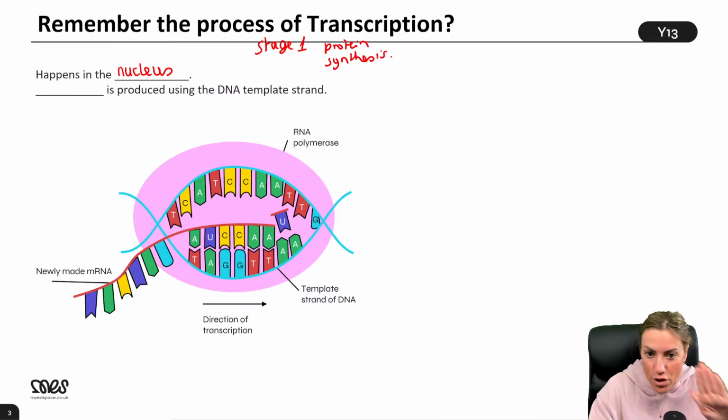Okay, so we're in the nucleus, so let's get inside the nucleus. So what are we making? Something is produced using the DNA template strand. What are we making? If you look at the diagram, there's a bit of a clue. Well done. What does the M stand for?